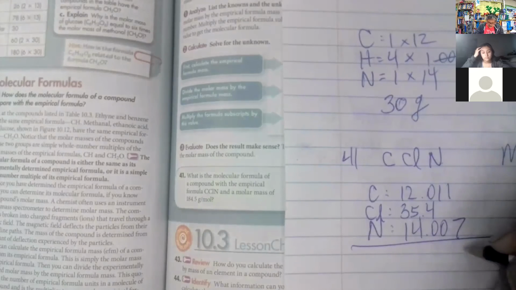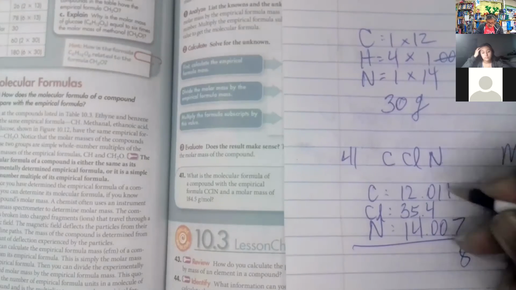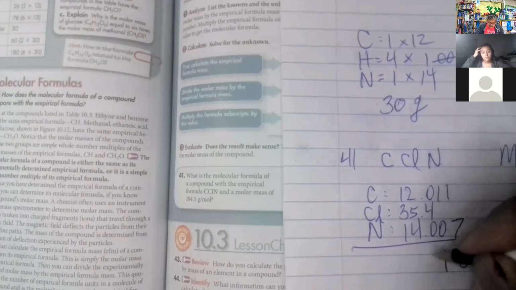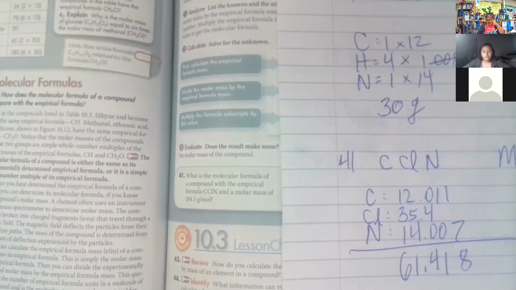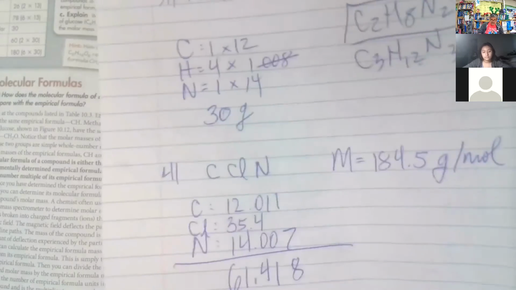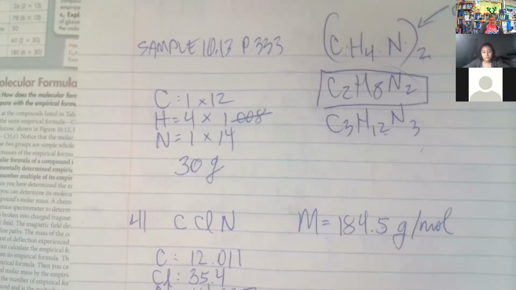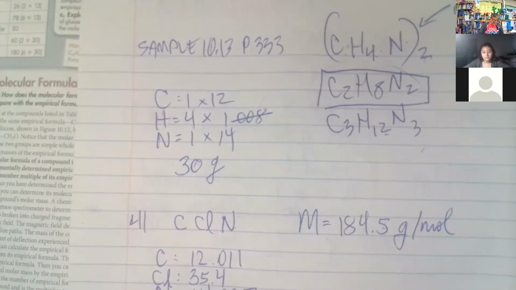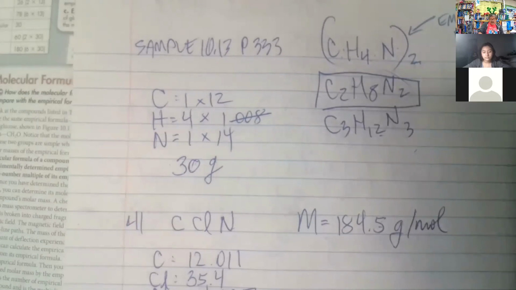So when I add all that up, that's 61.418. I can already see now that's going to be times 3. 61 times 3, 6 times 3 is 18. And this is over 1. Let's just multiply it. But you can see that you can do that in your head.